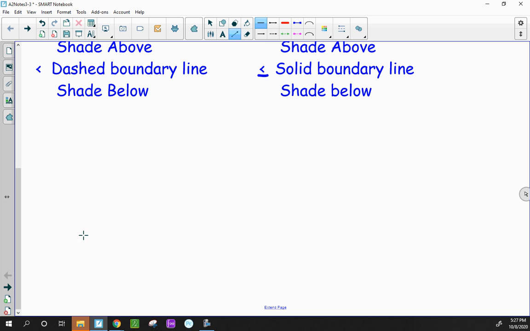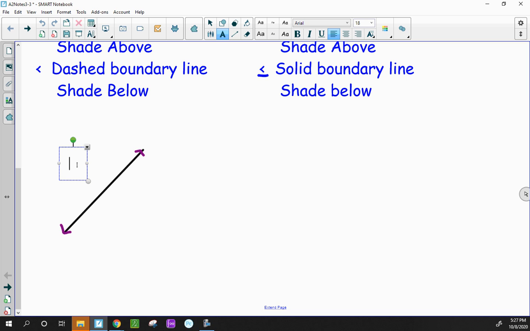Quick reminder again from Algebra 1. If your line rises and looks like the one that you see on your screen now, then this section towards the left is the greater than section. This is the above section. And then this section is the below section.